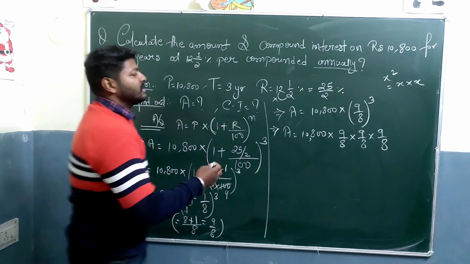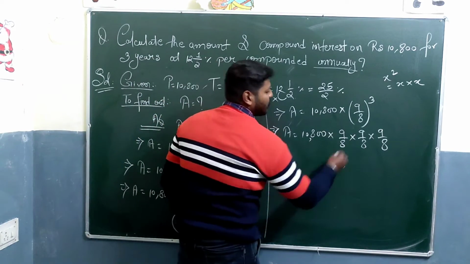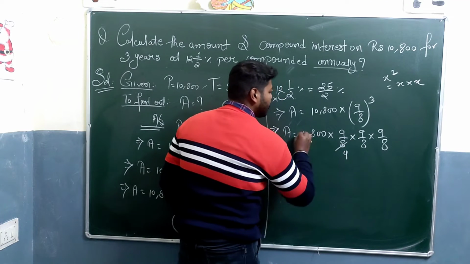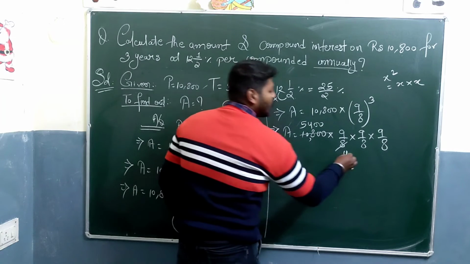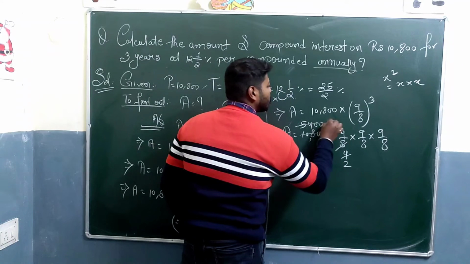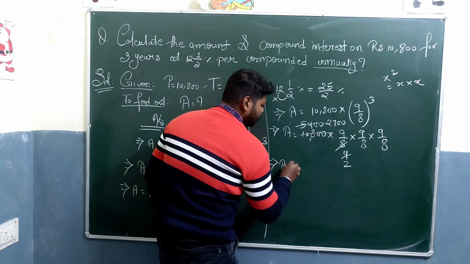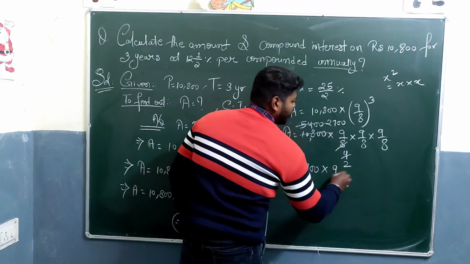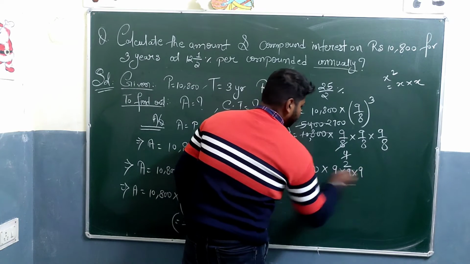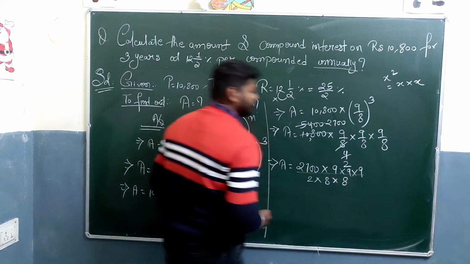After this we will cut the values. From the table of 2, 2 fours are 8, 2 fives are 10, and 10,800 divided by 4 gives 2,700. Now we put the remaining values: 2,700 into 9 into 9 into 9 upon 2 into 8 into 8.